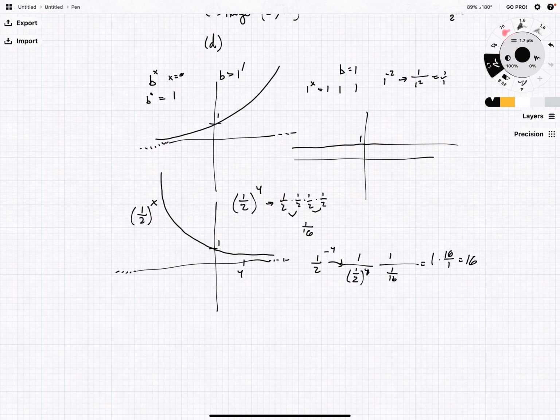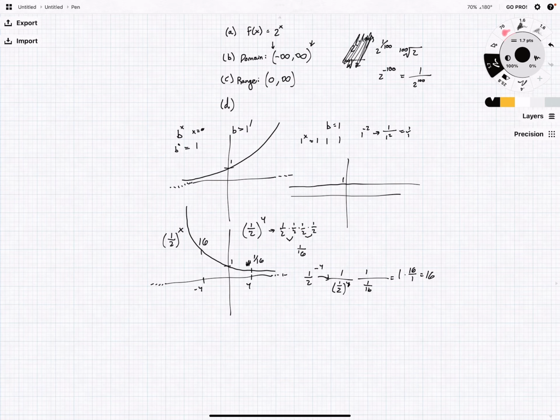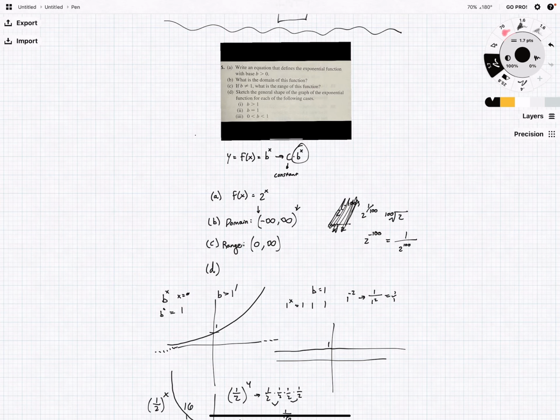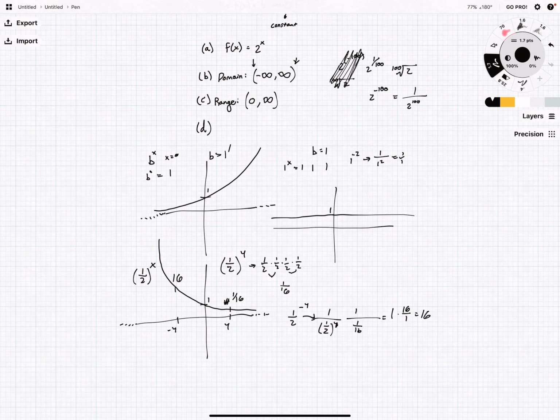So you'll have positive 1/16 at 4, but at negative 4, you'll have 16. That's why whenever you have a fraction to the x power, the line is reflected along the y-axis. I don't think there were any other problems here. So that's going to be everything for problem number 5.